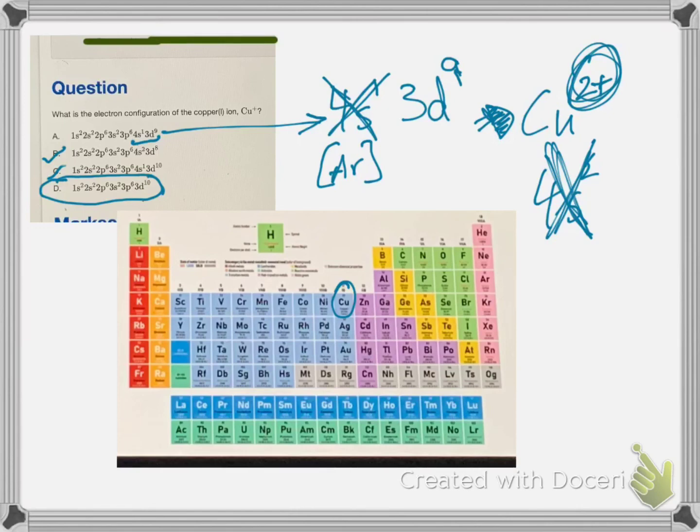But because we have a 4s1 and a 3d9, it wouldn't have made sense, because it's either the s orbital not full or a d orbital not full. When it's 4s1 3d9, it's saying that we removed an electron from the s orbital and we removed an electron from the d orbital. If we would have removed this and this would have been a 10, it would have been the correct answer.